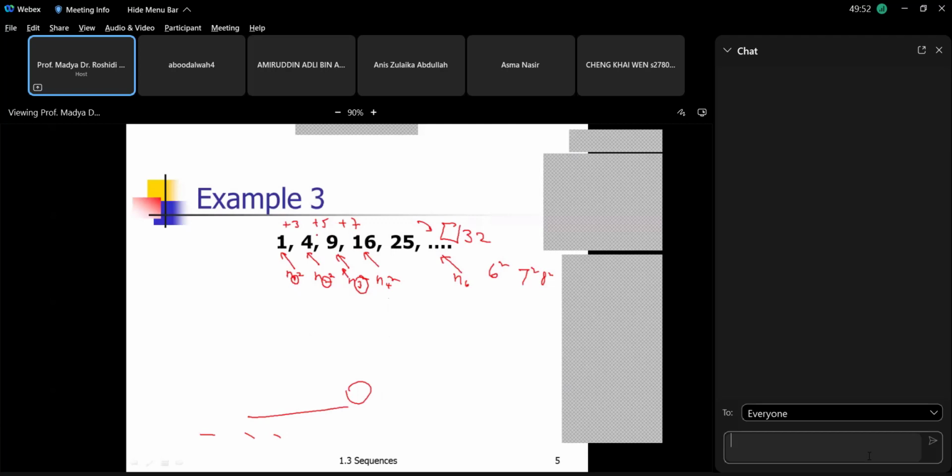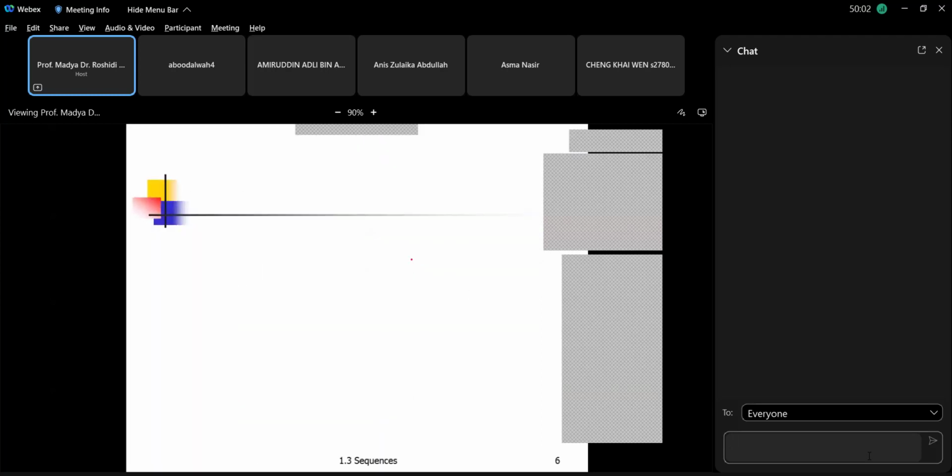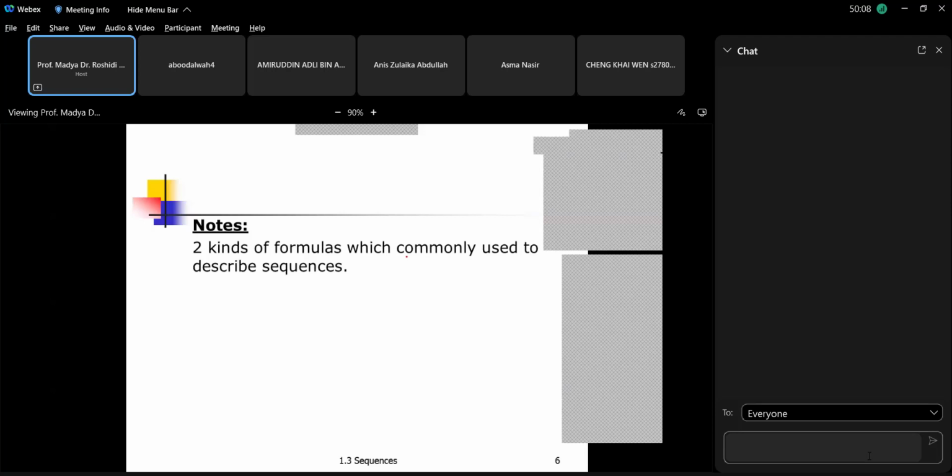The second pattern is based on the location of the term itself. So based on these two ideas, which are example 2 and example 3, we can generalize that there are two kinds of formula which are commonly used to describe sequential. First, we call recursive.